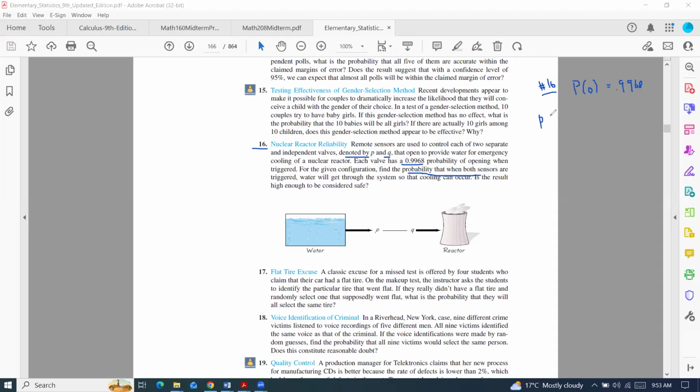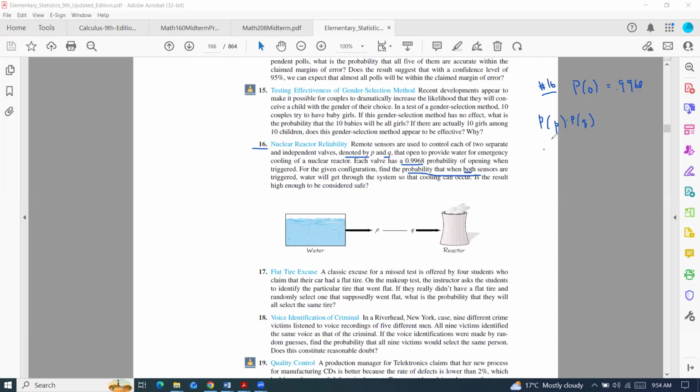So both means P and Q. I say, where's P and Q? Well, they decided to call them P and Q, and we saw last time that "and" means one and the other works.